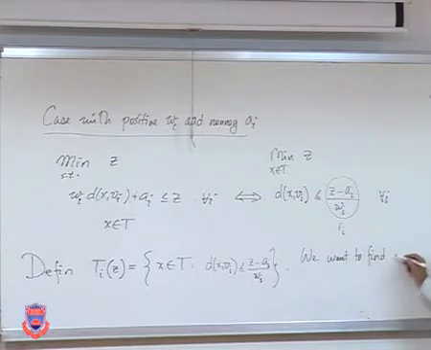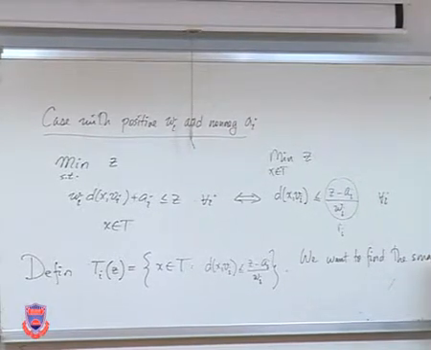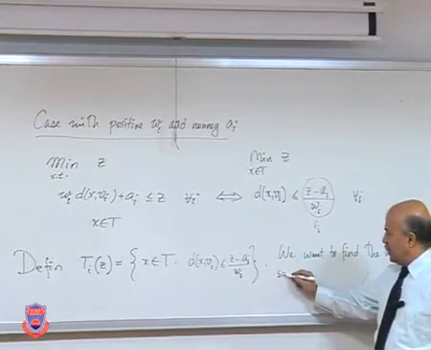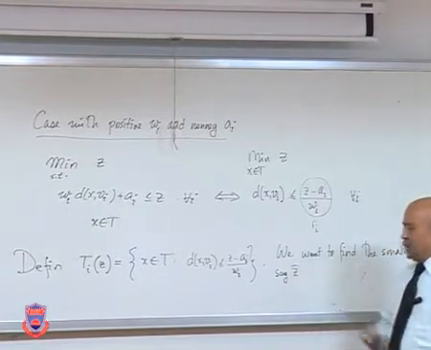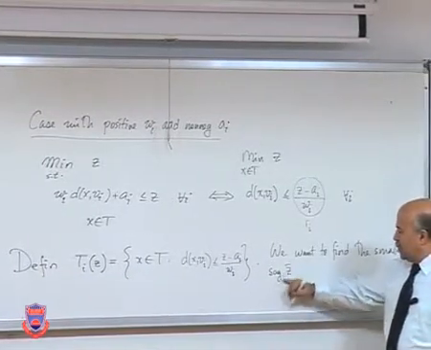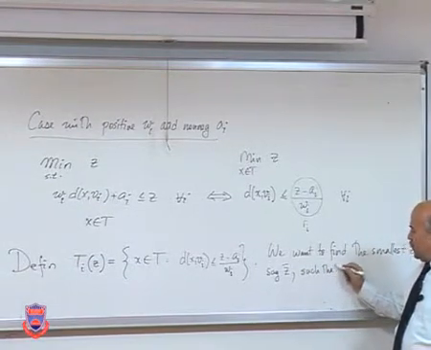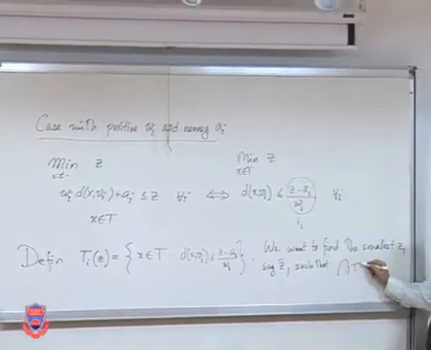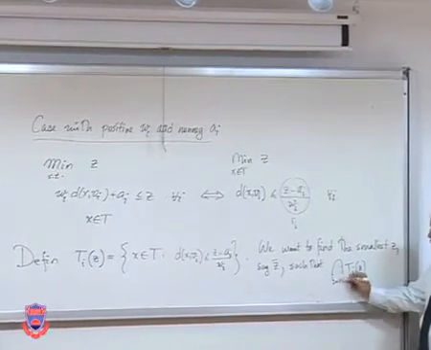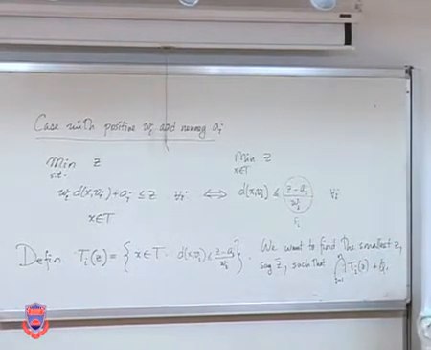And I want to find the smallest z, call it, say, z bar, such that the intersection of T_i of z values is non-empty, has at least one point in it.